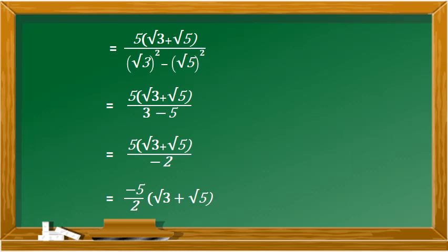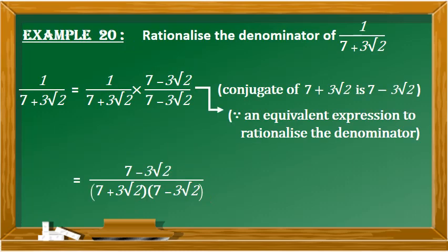So the next step is 5 of (root 3 plus root 5) by (3 minus 5, which is minus 2), which you can write as 5 by minus 2, or as minus 5 by 2 of (root 3 plus root 5). Now have you rationalized the denominator? What is the denominator now? It is 2.